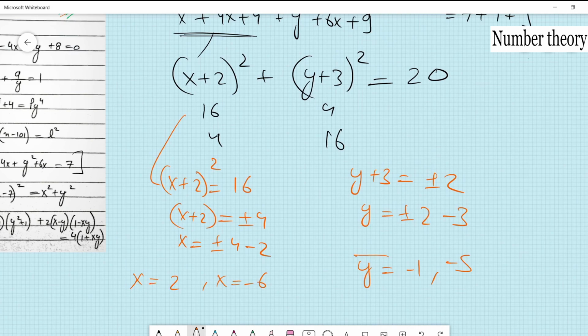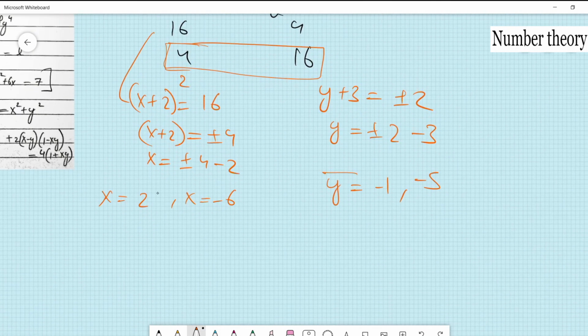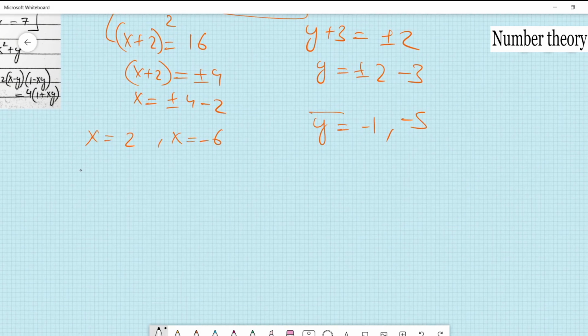And similarly you can calculate what will come out of this case. Here you can have all combinations as answers. You can have x equals 2, y equals minus 1 as one answer.